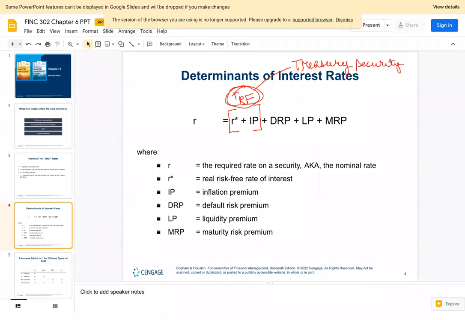In the real world, the security that has the least amount of risk is a treasury security. So we're going to go ahead and use that as our risk-free rate.